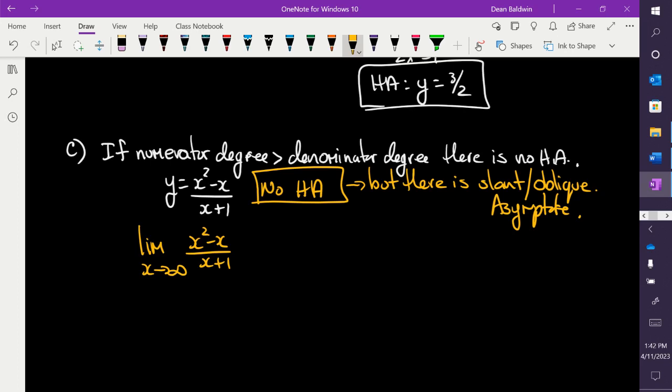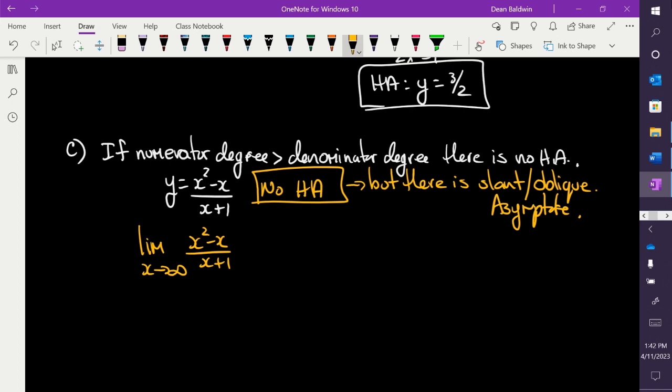Oblique? O-B-L-I-Q-U-E. Sorry. Like an oblique angle. Okay. Slant, S-L-A-N-T. I'm going to show you in a sec here. Or oblique asymptote. That's what it's called. I'm going to show you what it is in a sec here.